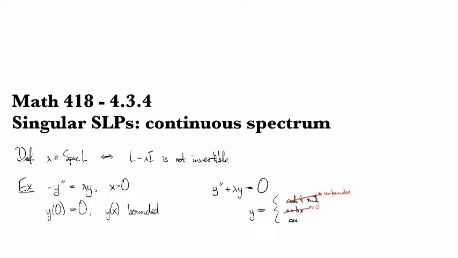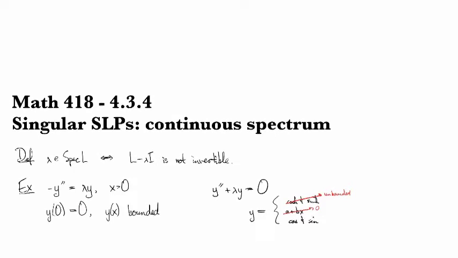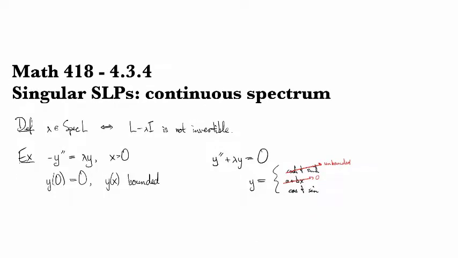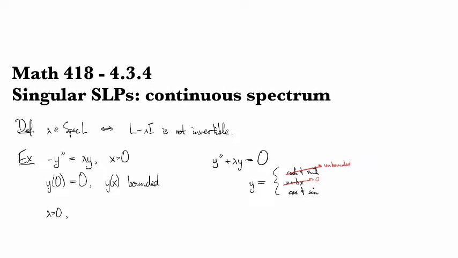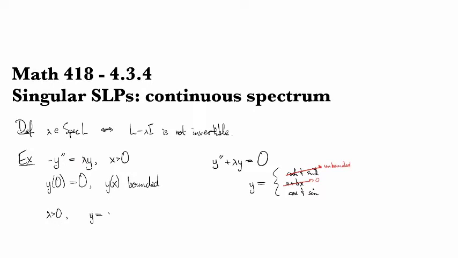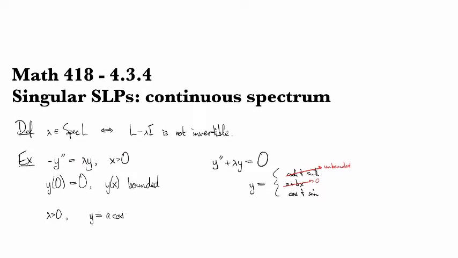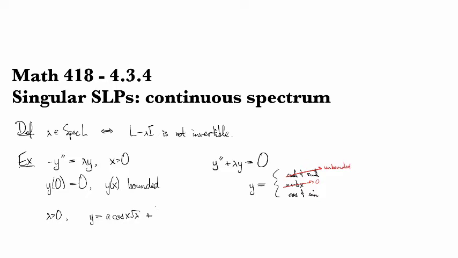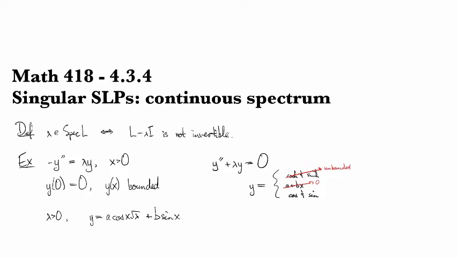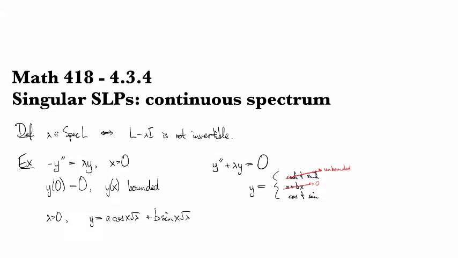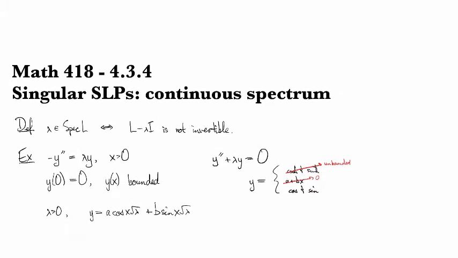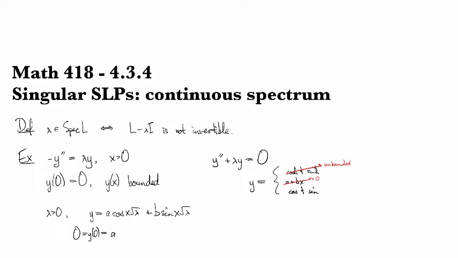And so the only opportunity remaining is for sine and cosine. So we've got a positive spectrum, and y is going to look like a cosine of x root lambda plus b sine of x root lambda. And then let's look at our boundary conditions. So if 0 is y of 0, then we've got a times 1 plus b times 0.